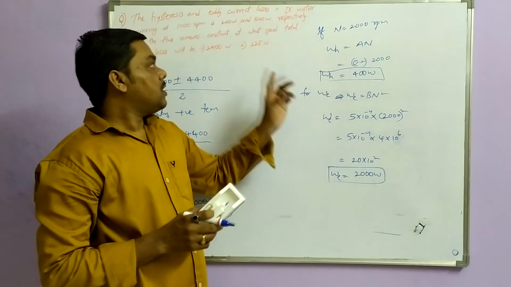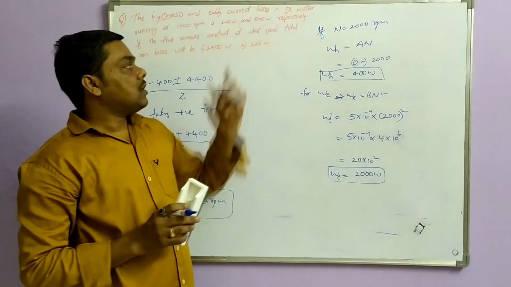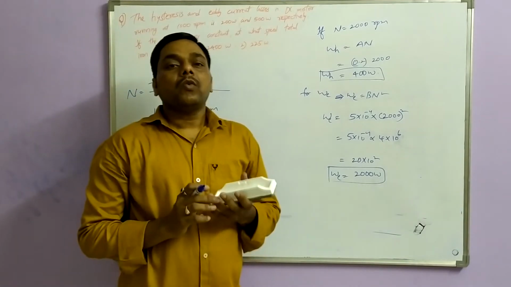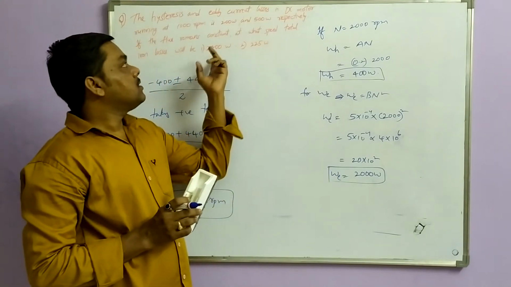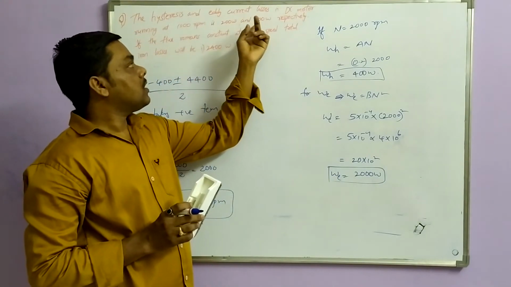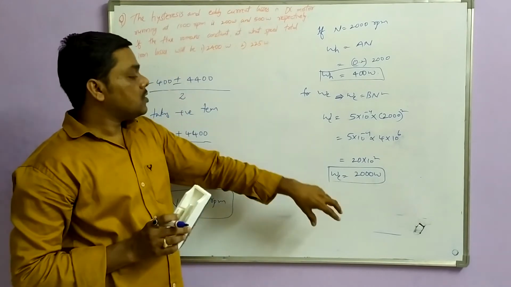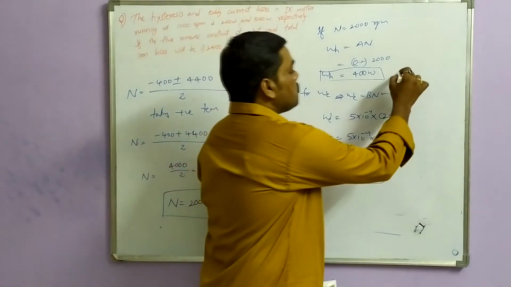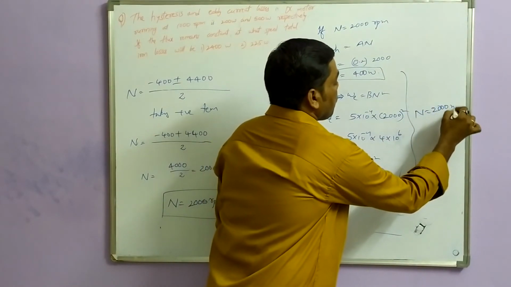Now like this, similarly we can calculate the second case where the losses are 225 watts. You can also observe the losses are increased if the total losses are 700 watts at 1000 rpm. If speed increases to 2000 rpm, so these two losses at n is equal to 2000 rpm.